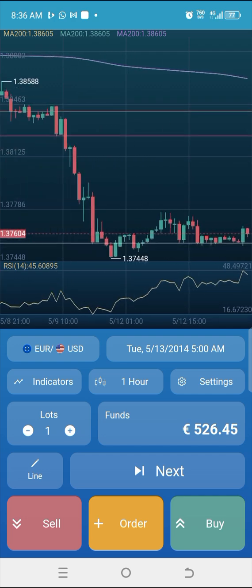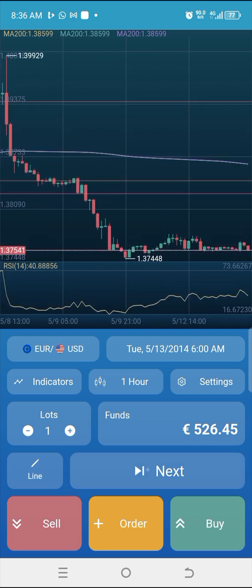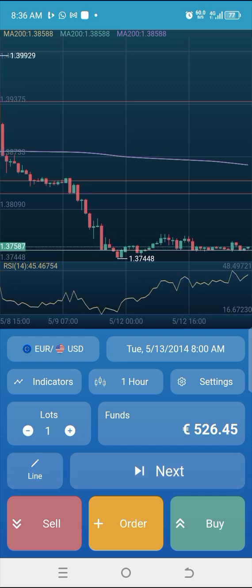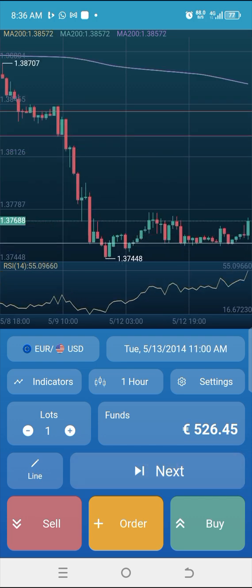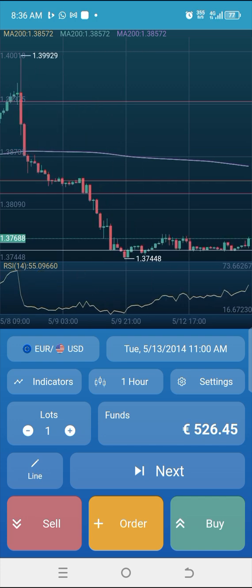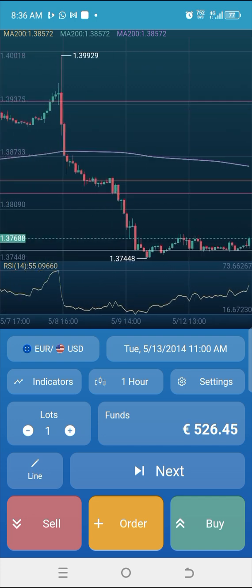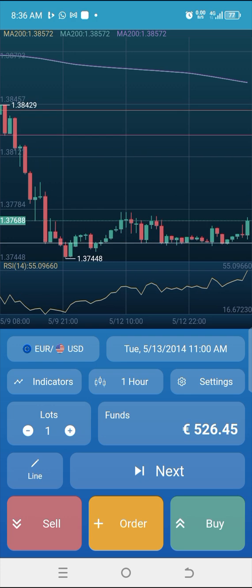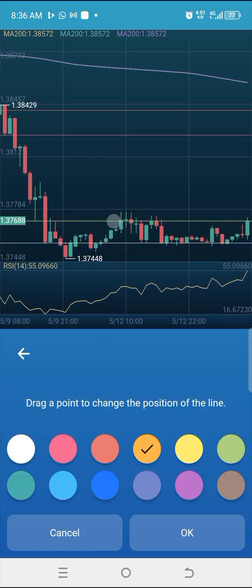In my experience, this may not go the way I've planned, but let's wait and see. Okay, let me give it the benefit of a doubt. Sometimes we are human beings, we even doubt our own rules. Okay, this is an engulfing candle pattern.